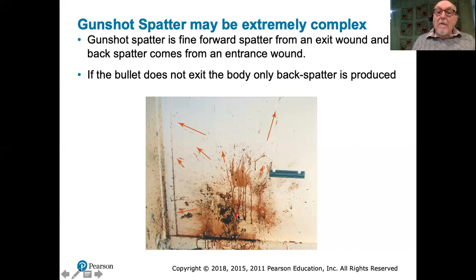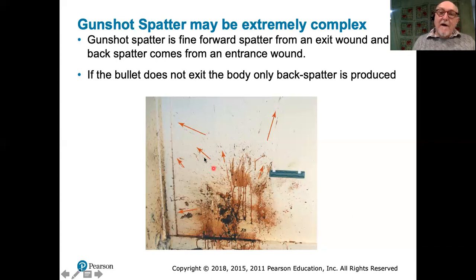So that in itself can make a gunshot spatter look extremely complicated, and this is typical here. First of all, there is a tremendous amount of tissue and stuff that has been carried out by the wound, blood, but also tissue that has been torn out of the body and flung against the surface.